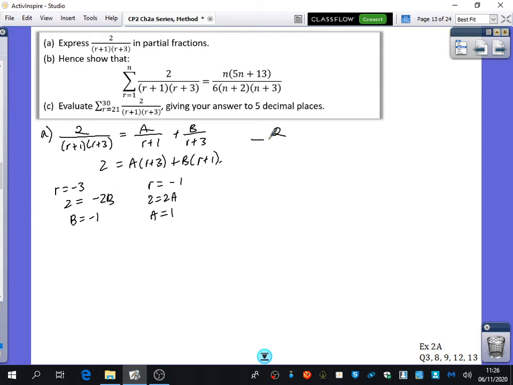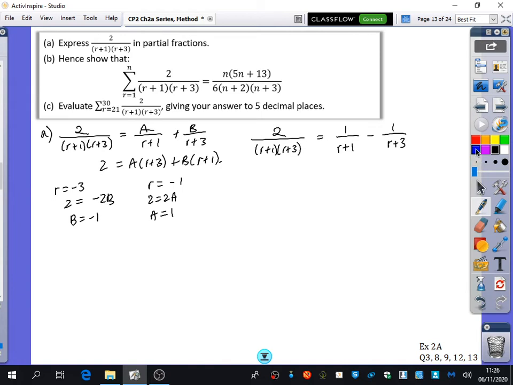So 2 over r plus 1, r plus 3 is 1 over r plus 1 minus 1 over r plus 3. So this does look like it's of the form f of n minus f of n plus 2, doesn't it? So actually it's going to be really easy.